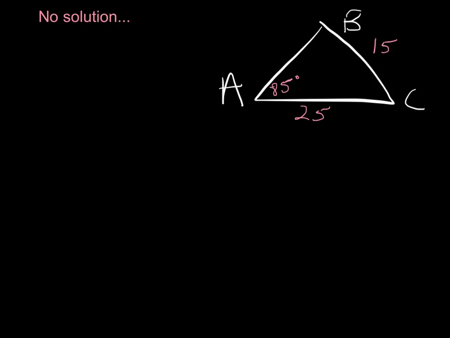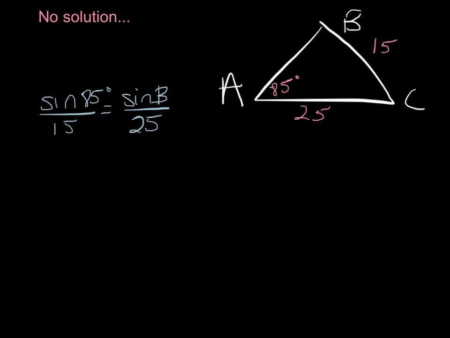Now notice when we set up our triangle that we've got 2 sides and an angle. Side, side, angle. Now we can use the law of sines to solve for angle B. We have angle A, side a. We have side b, so we can solve for angle B. So we'll have sine of 85 over 15 equals sine of B over 25.